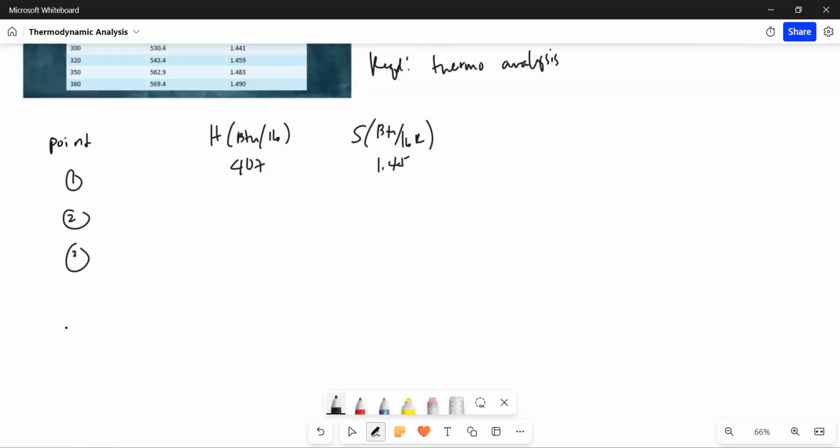Let's assume isentropic expansion. So at point 2, assume isentropic, isentropic compression. I meant compression. Therefore, S1 equals S2 prime equals 1.45.